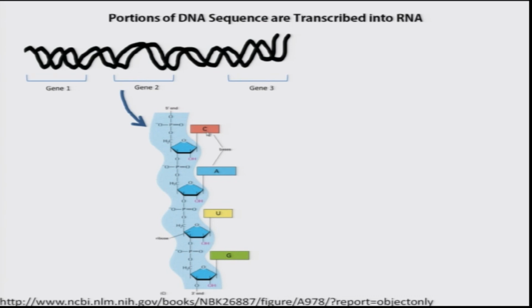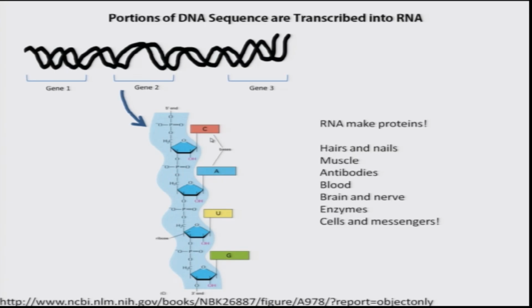So likewise, you have C, A, U, G, and so on. You have the sequence that is copied to the RNA, and this RNA helps in the formation of proteins, because it gives the signal as to what kind of protein should be made, meaning in what combination the amino acids should be added.